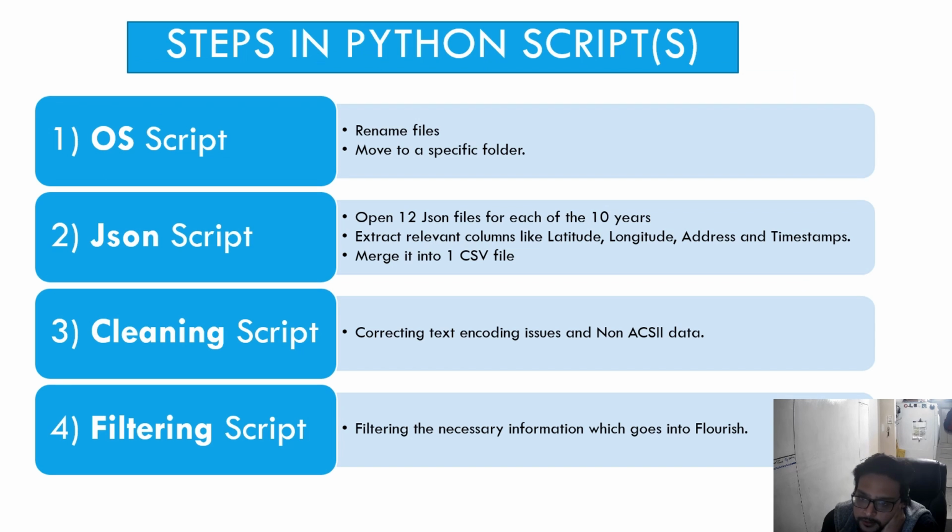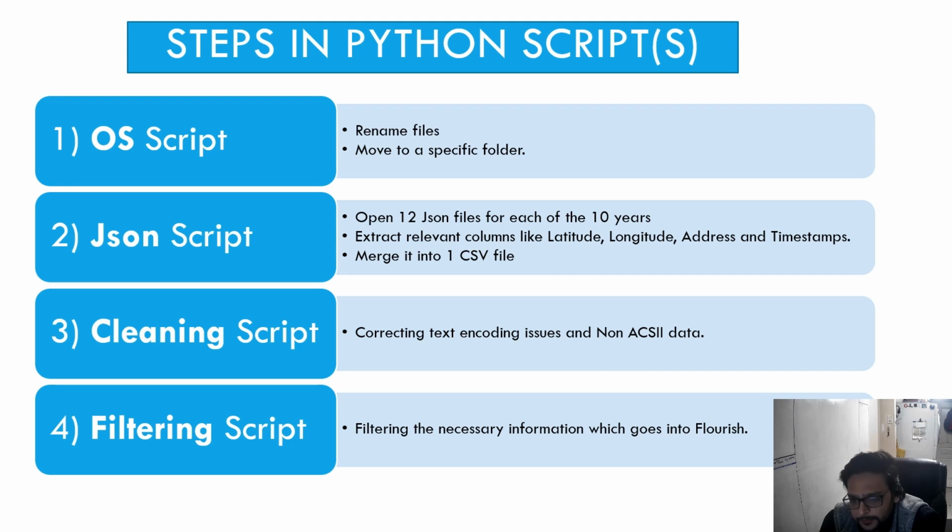Okay, so I have 4 Python scripts. The first one would be using operating system libraries to basically create folders and directories, and it would just rename the files. The second one will basically extract the relevant columns from all of the files and put it into one CSV.